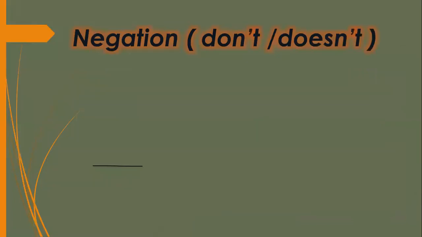And now, the second form of simple present, the negative form. How to make a negative sentence in the simple present using don't or doesn't. Look at this sentence. When we say, the boy goes to school every day, what do you expect? Do we use don't or doesn't to negate this sentence? Let's see.